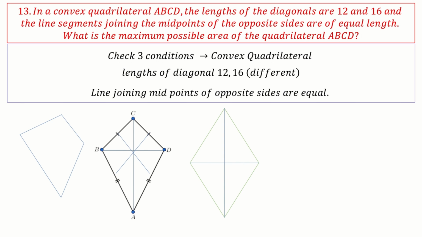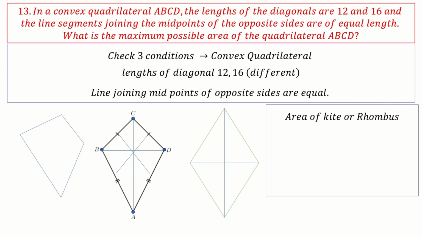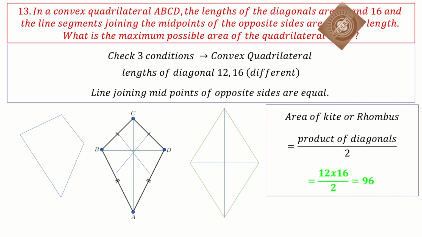In both cases, the area of a kite or rhombus is the product of the diagonals divided by 2, which in this case is 12 times 16 divided by 2, which is 96. That is the maximum possible area of quadrilateral ABCD. It's just a geometry question. If you know it, it is easy, otherwise slightly difficult. Okay, next.